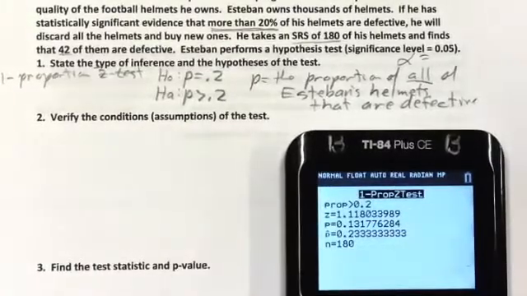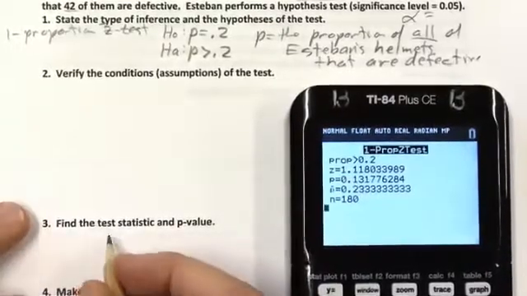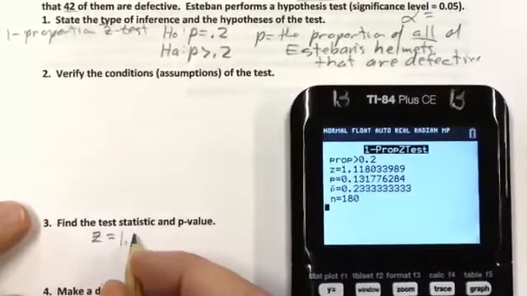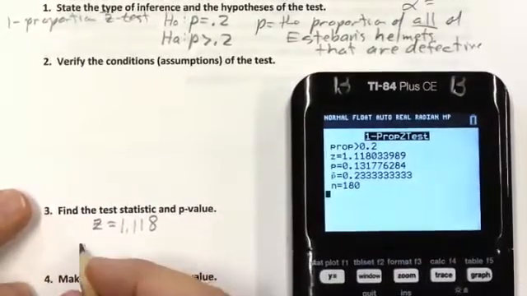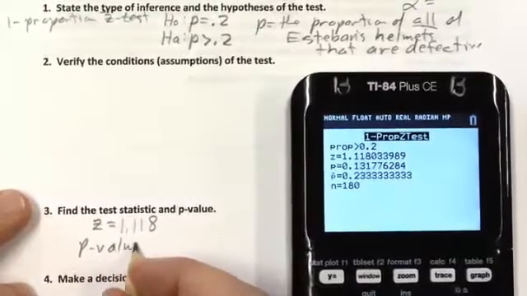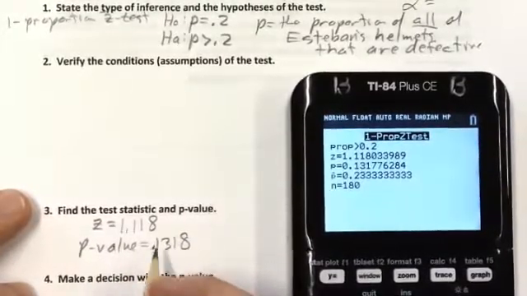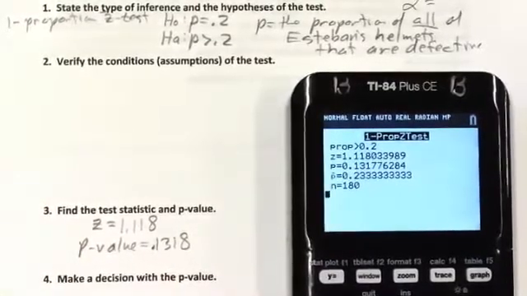So our test statistic is z equal to 1.118. Okay, that is our z-test statistic, and our p-value is 0.1318. Okay, 0.1318. So that is how you do that.